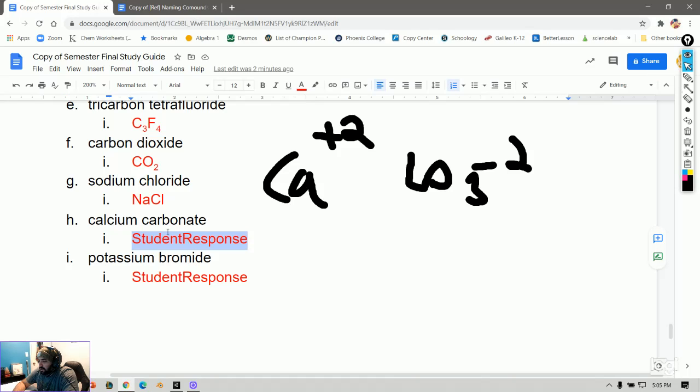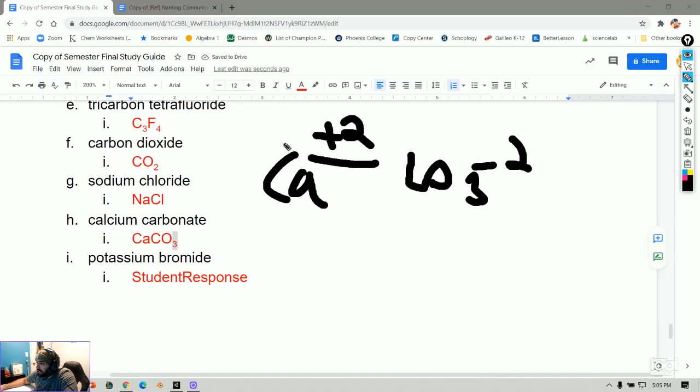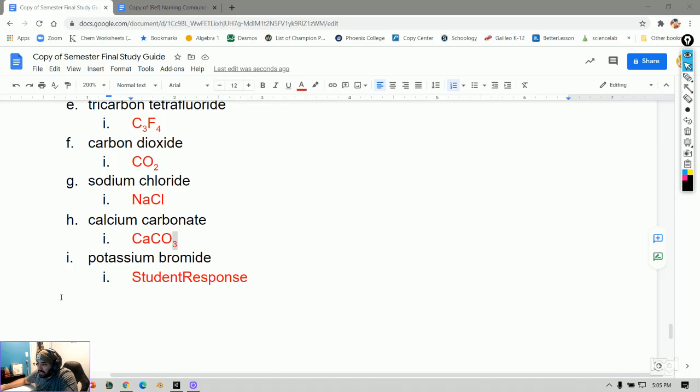So CaCO3. Highlight, control comma. I have 1 carbonate and 1 calcium, because the +2 cancels with the -2. That's all we need. Let's do the next one.